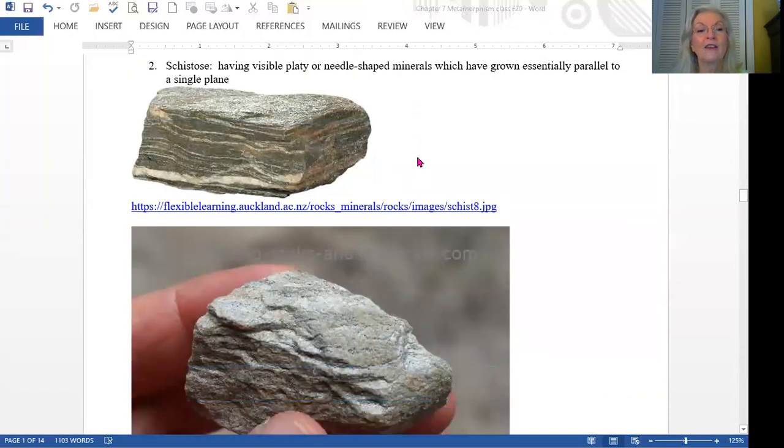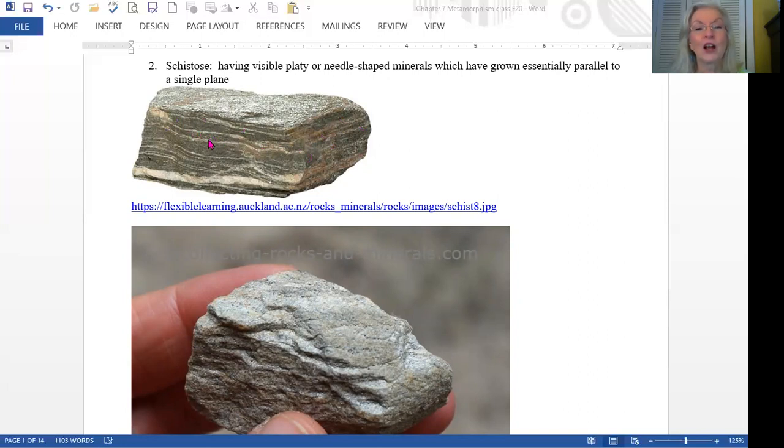Then we have, unique to metamorphic rocks, the schistose layering. So this is sort of like a faux layering. When you look at a piece of schist, it looks like somebody has taken a sharp needle or a knife blade and carved in little fake layers on the edges.